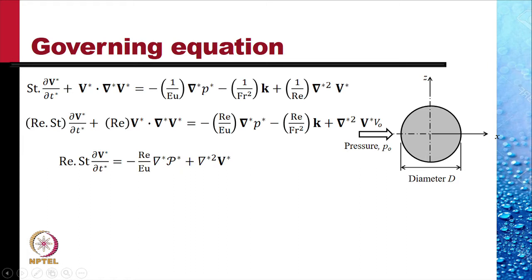Here, we have also done an additional manipulation where we combined the pressure term and the gravity term by defining a non-gravitational pressure, script P. And then the coefficient of the gradient of the script pressure P is Reynolds number by Euler number.